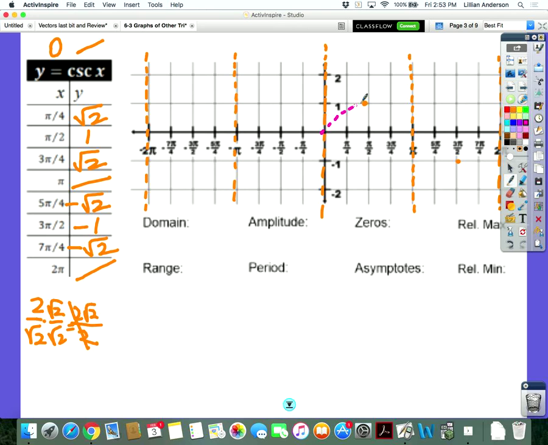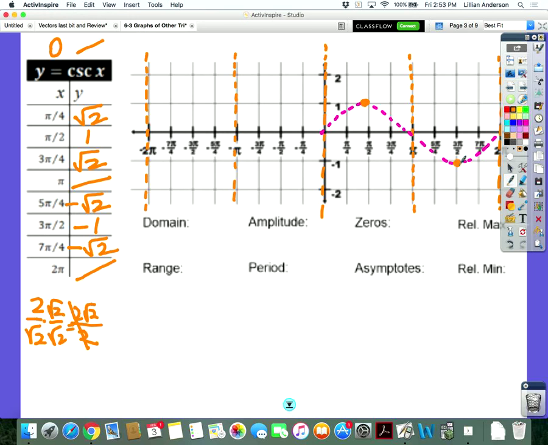It went up and then down again, and then up, correct? Do you see how the maximum of sine is a point on cosecant, and the minimum of sine is also a point on cosecant? Does everybody see that?